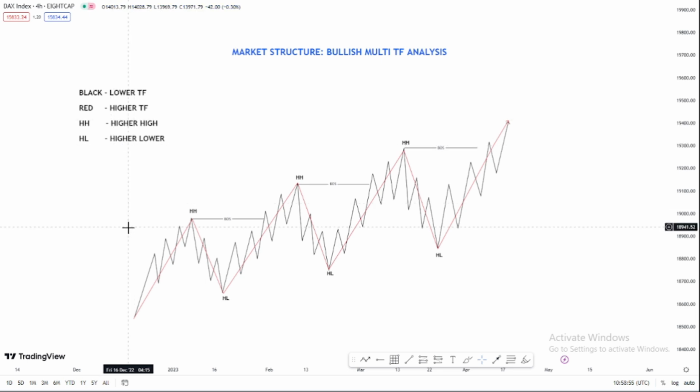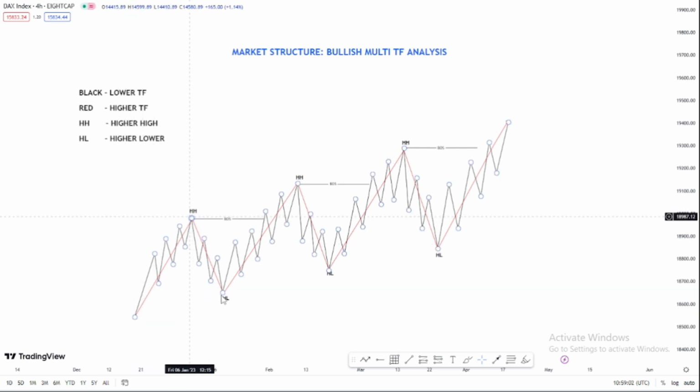On the bigger time frame, the market pushes sort of in a straight line to the upside, pushes back, and pushes up again.